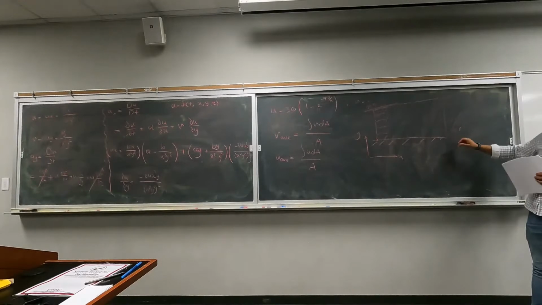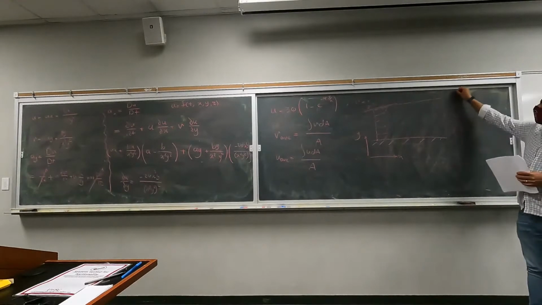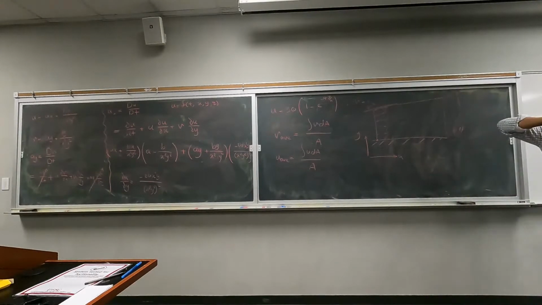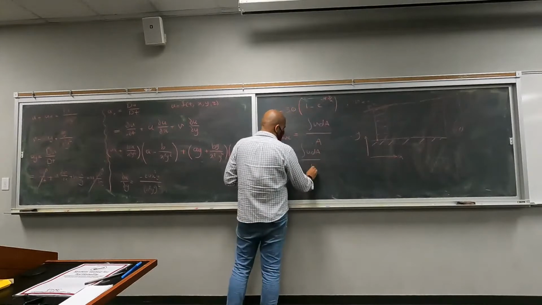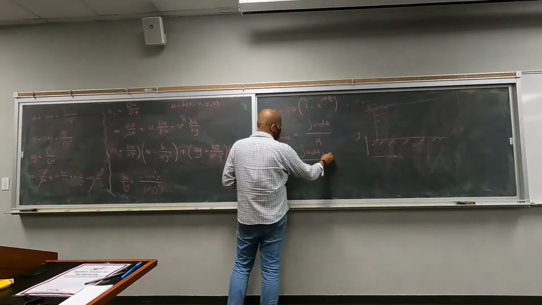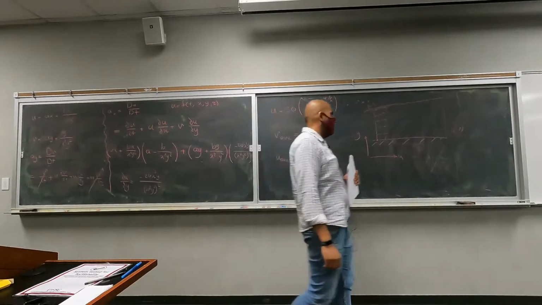So your area is going to be 1 meter multiplied by H. That's the total area. So we can replace this with H. But this dA is a very small element of area.